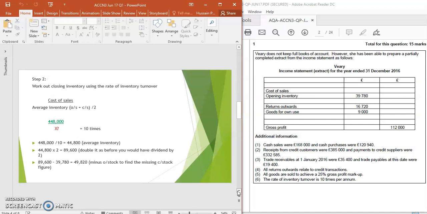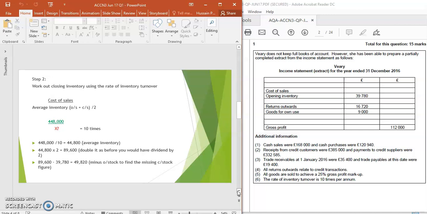But we're not done just yet, because what we're trying to work out is closing inventory. That is the objective of step 2. If you know average inventory is 44,800, you double it, you times by 2. The reason is that before you would have done opening plus closing divided by 2, and now we're working backwards.